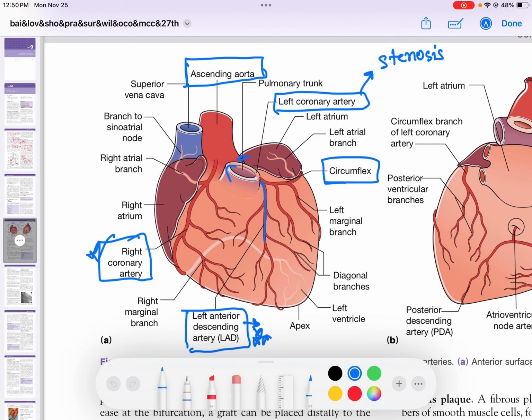This is the pulmonary trunk. This is the right atrial appendage. It courses in the atrioventricular groove around the margin of the right ventricle.